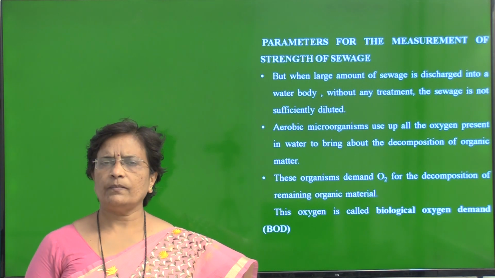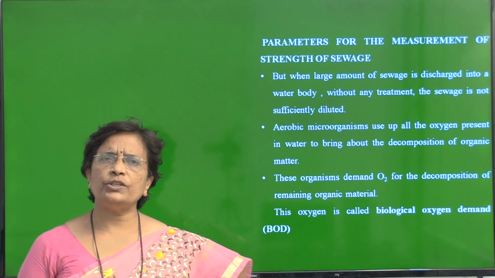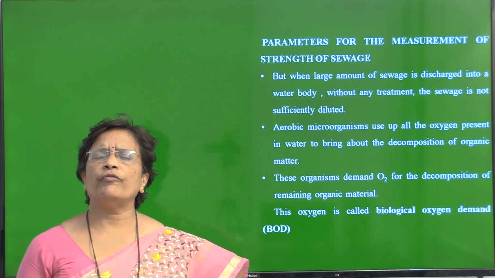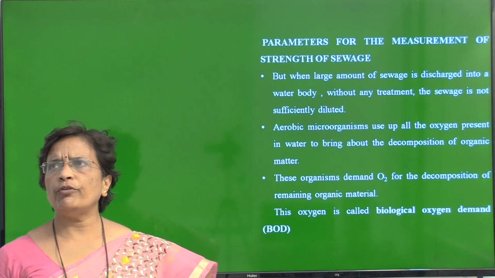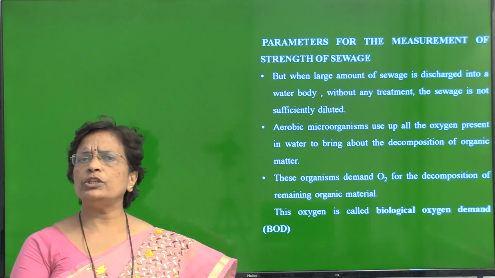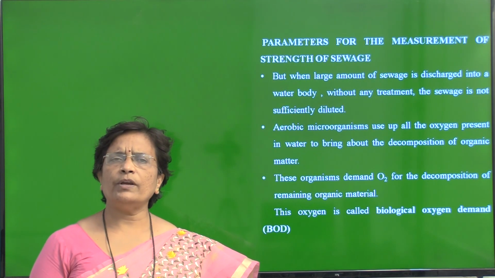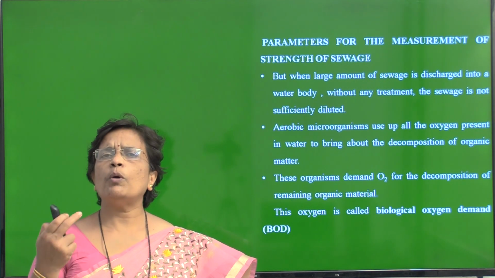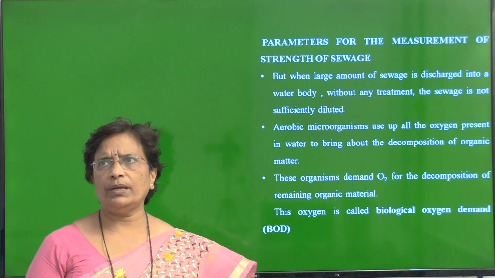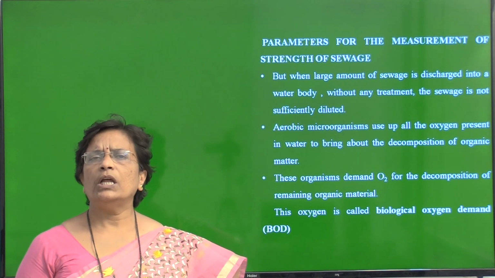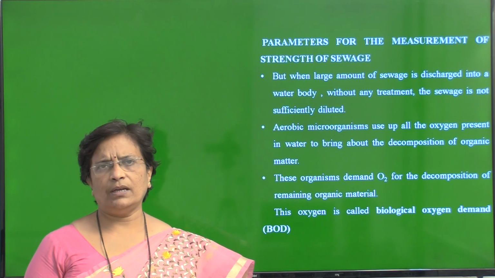But when the amount of sewage is more, and if such a sewage is disposed of without any treatment into a large body of water, the sewage is not sufficiently diluted. The aerobic organisms will consume all the oxygen present in the water body to bring about the decomposition of the organic material.